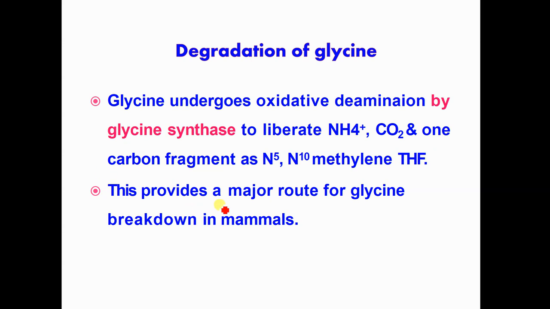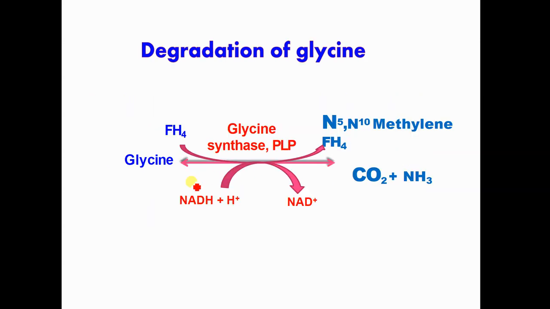This provides a major route for the glycine breakdown in mammals. So as previously mentioned, how carbon dioxide and ammonia form your glycine, it is just the reversal, and an important source for the catabolism of glycine.